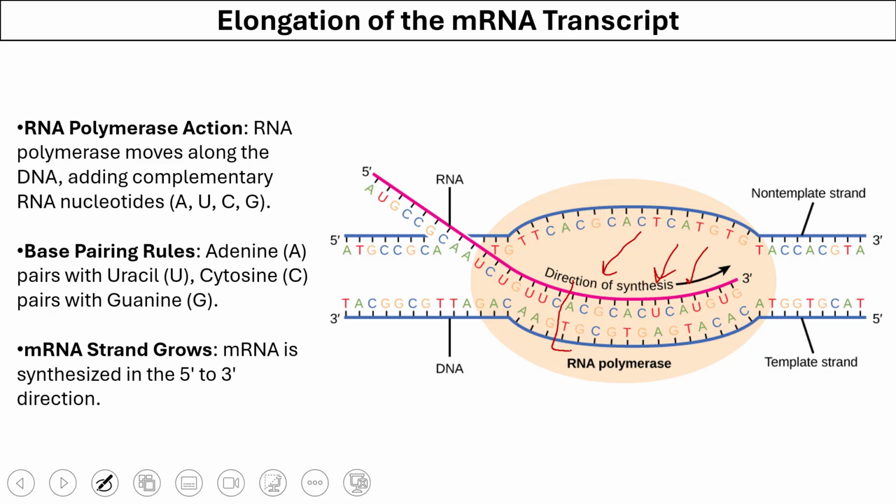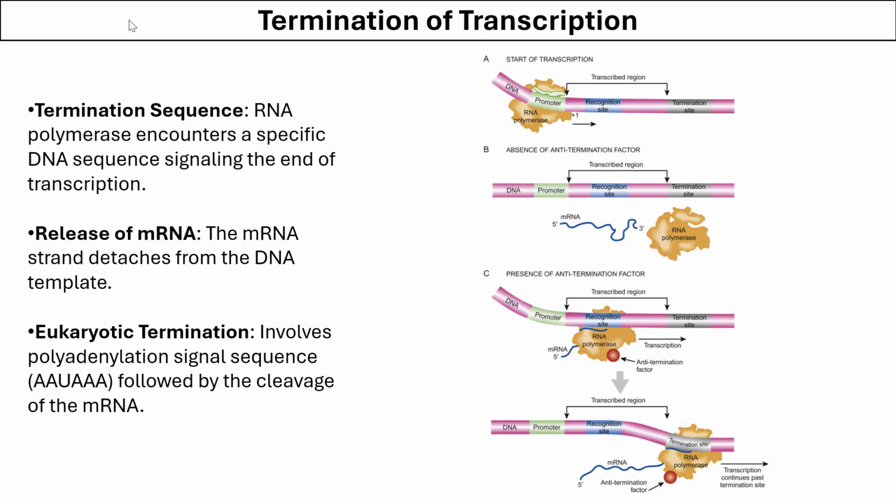That means wherever there is T, you will have A. Wherever you have G, you will have C in your RNA, and wherever you have C, you will have G in your RNA. But a very important point to note is that wherever you have an A on your DNA, you will have U instead of T in your RNA.